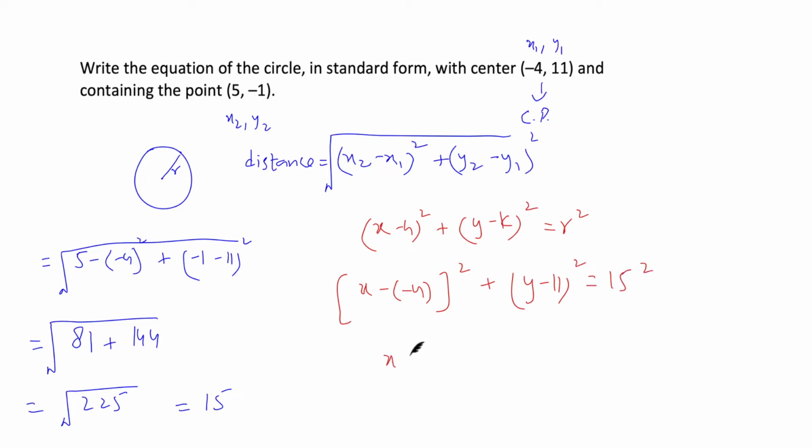We have (x plus 4) whole square plus (y minus 11) whole square equals 15 squared, which is 225. This is our answer. Center point again is (-4, 11) and radius is 15. This is the standard form.